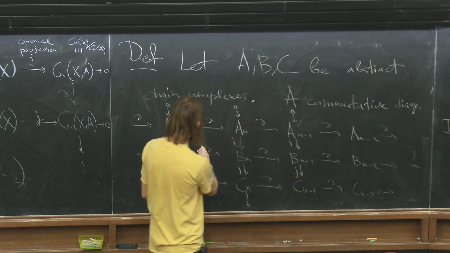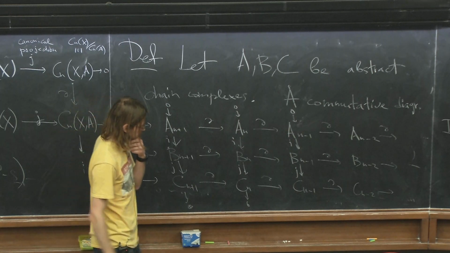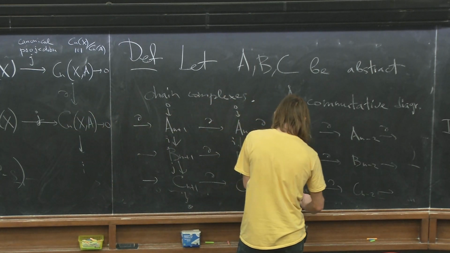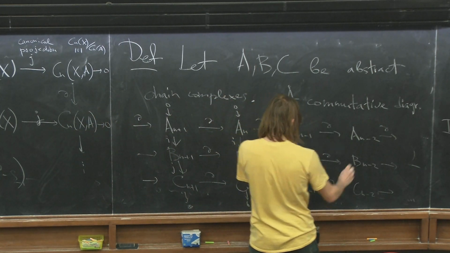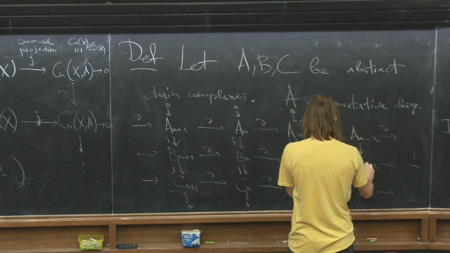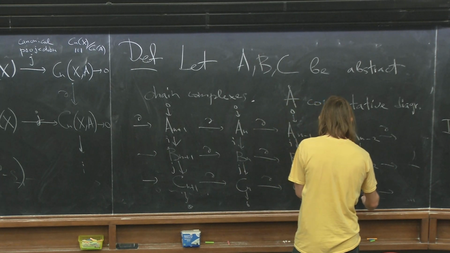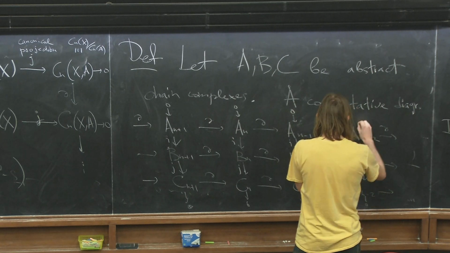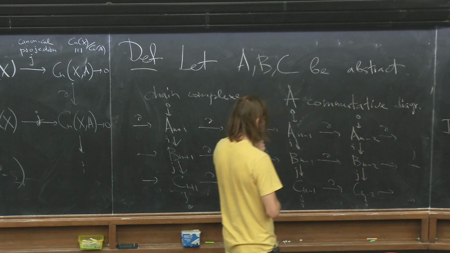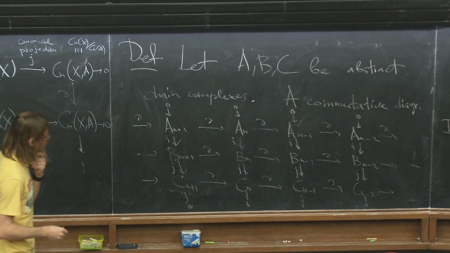Of course, these D's and I's and J's are different maps because they act on different groups, but for convenience, we use the same notation. Okay, so this is what we need to draw.